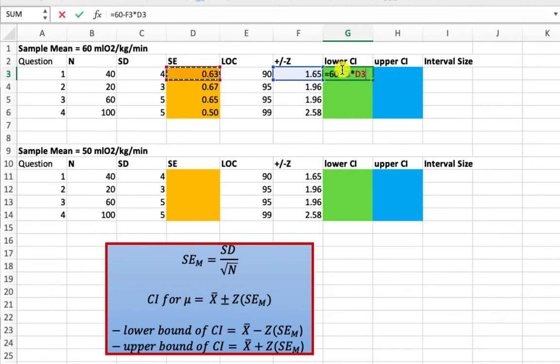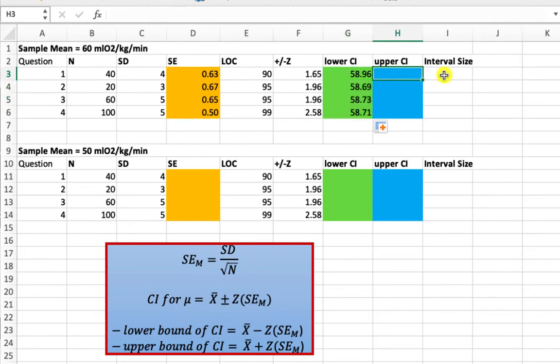Now Excel should pick up on the order of operations, doing the multiplication first and then the subtraction. But if you're like me and you just like to be extra careful, you could put parentheses around the multiplication to ensure that that goes first. So we press enter, and again, copy downwards.